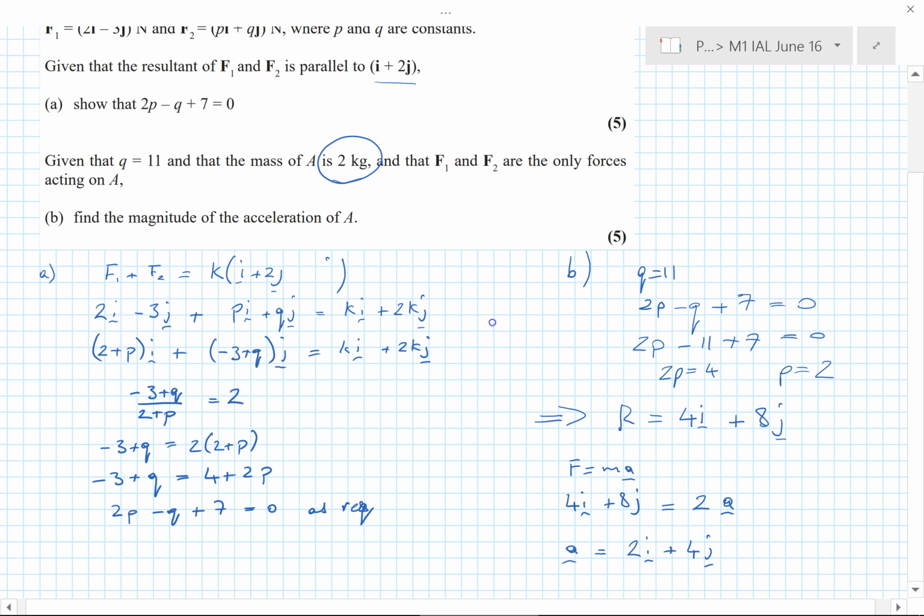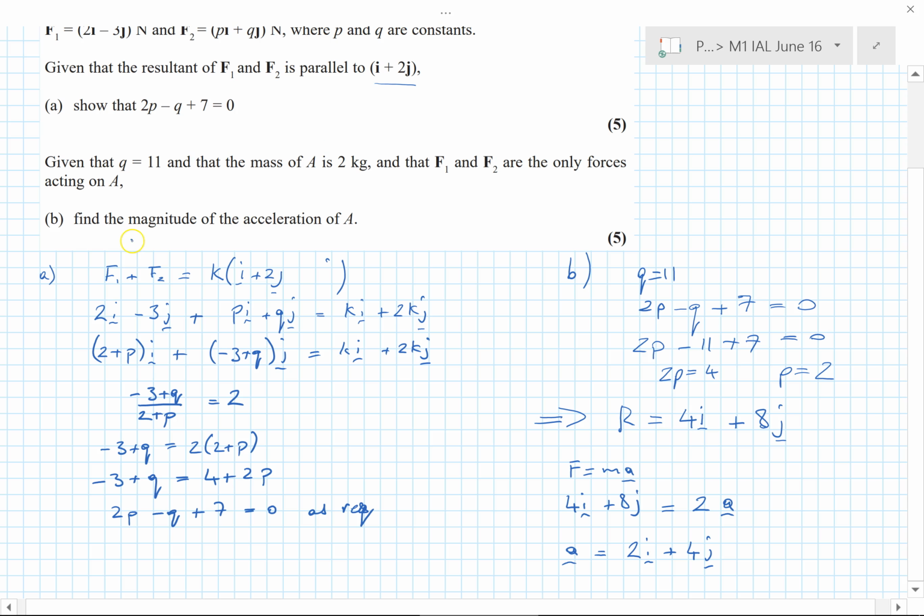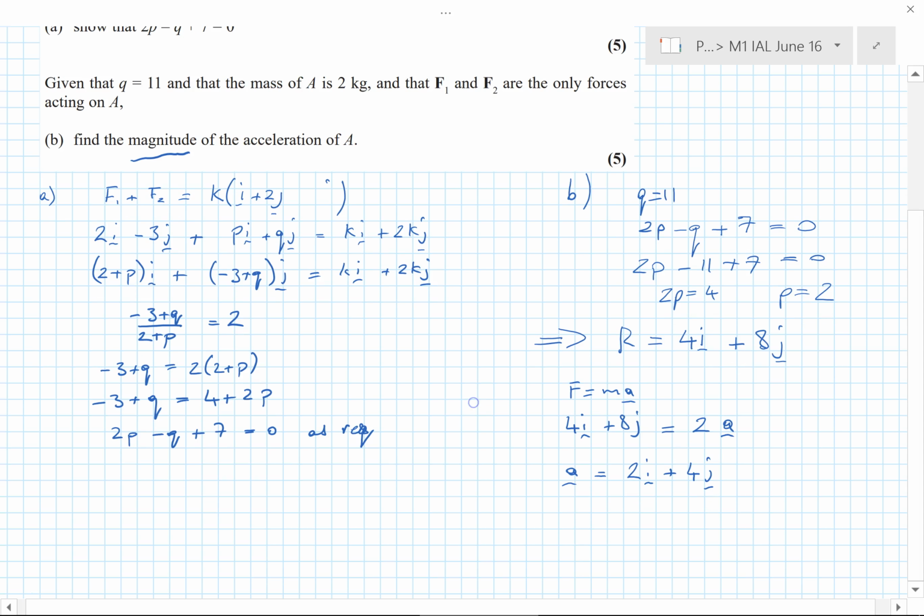Just think, all right, I've done it. This question does ask for a magnitude. So we need to use Pythagoras to work out the magnitude of a, which is the square root of 2 squared plus 4 squared. Square root of 20, which is 4.47 meters per second squared. Okay. That's question 5.